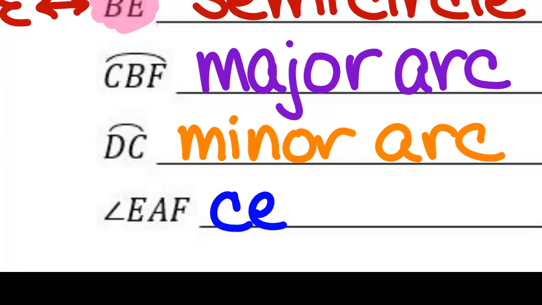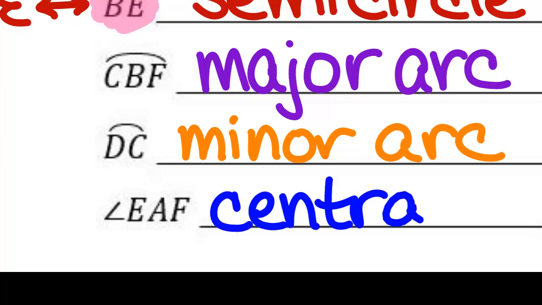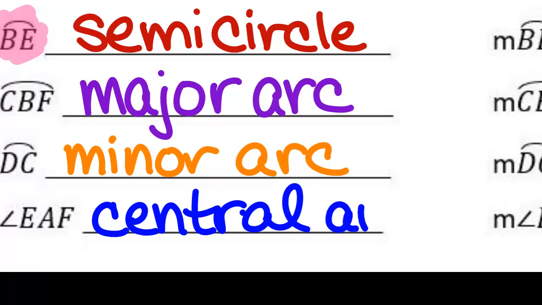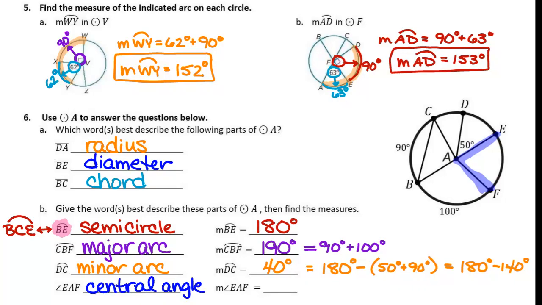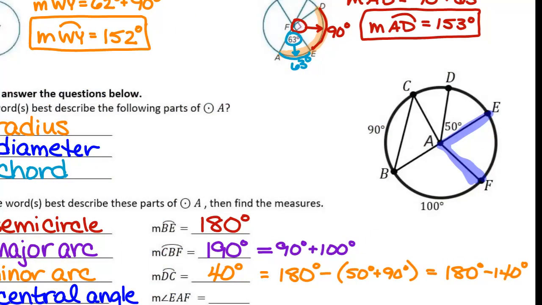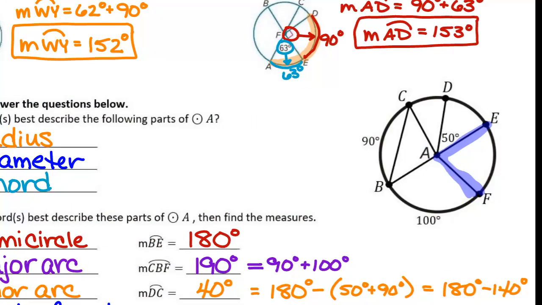Central angle. And now we want to find the measurement of this central angle. What would we call this arc, BFE? That'd be a semicircle.